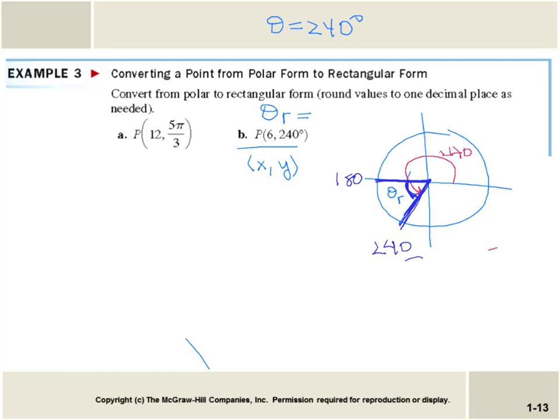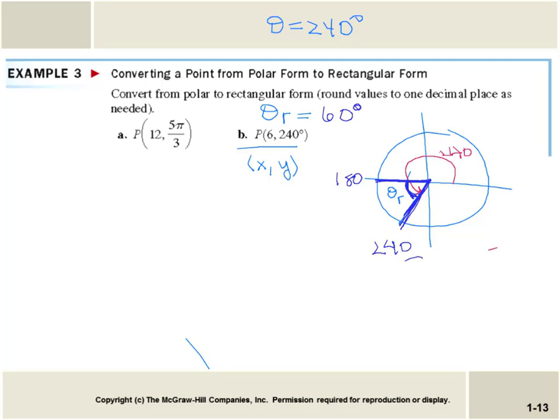Yes, the reference angle is equal to 60 degrees. Okay, good. You don't have to be sorry.